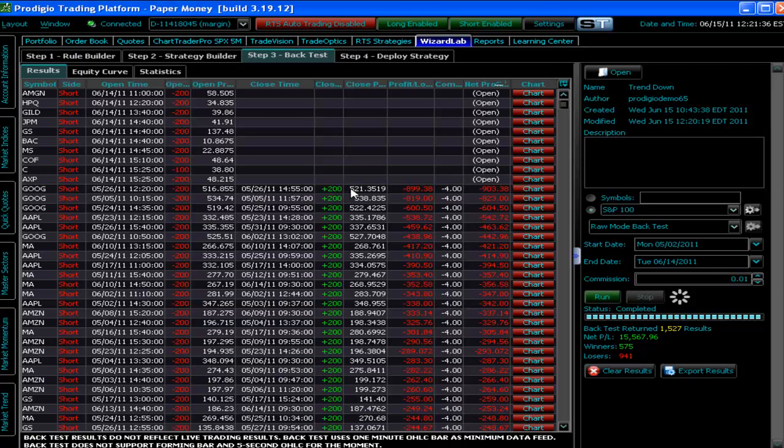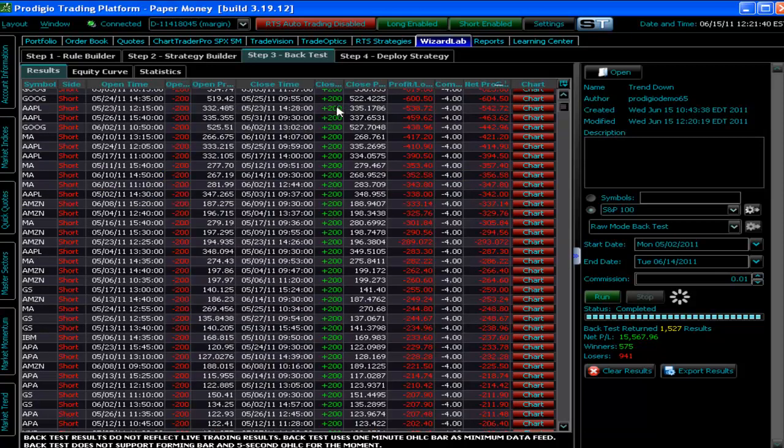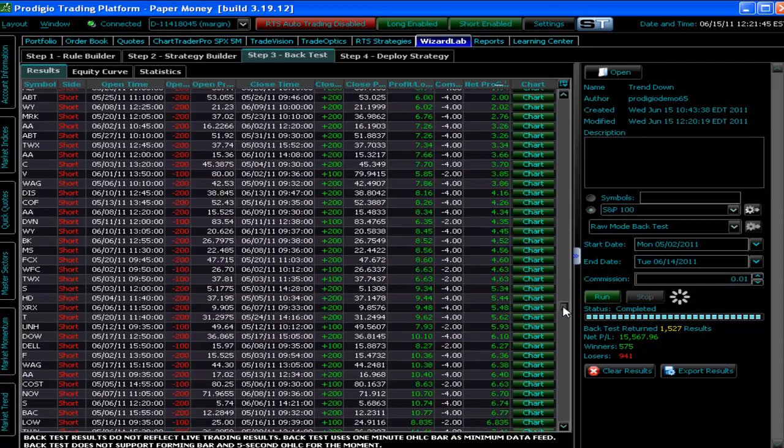There are some losing positions that it doubled down on, but watch this distribution here. See, these 200s are all in here. Littered about in the middle, you'll see 100s. I'm sorry, I should be pointing at this. These are short positions. Some of these positions are going short for 100 shares and some are going short for 200 shares.